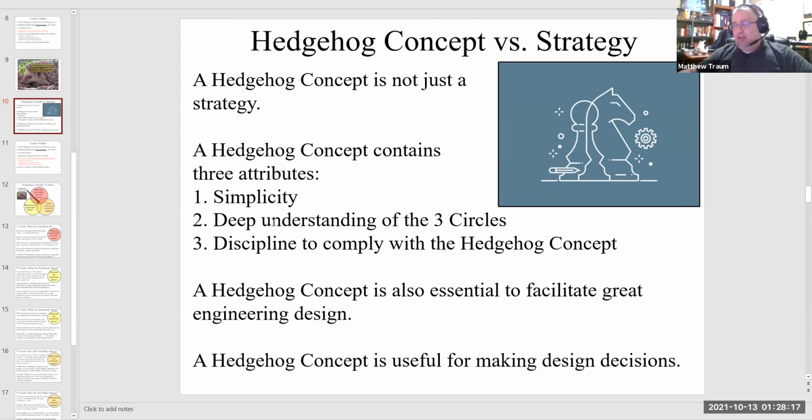Second, hedgehog concepts are characterized by deep understanding of the three circles, which we will talk about in a second. And then third, a group in 4501 or a company has to have the discipline to comply with its own hedgehog concept once it's established.